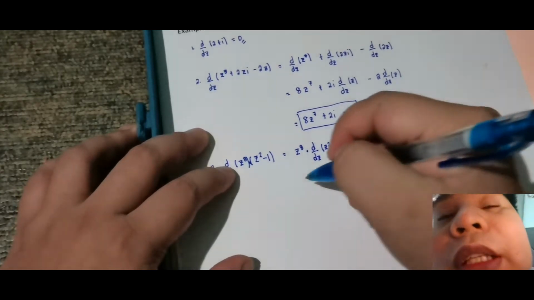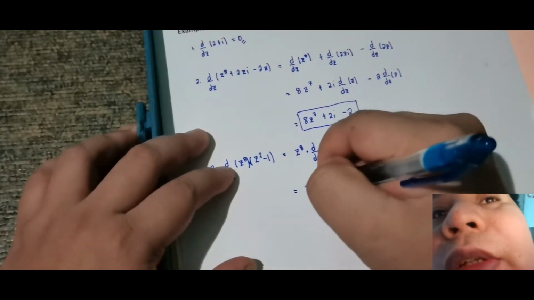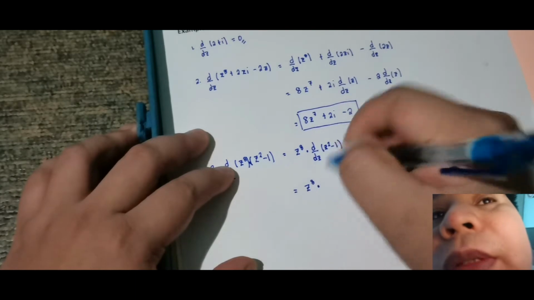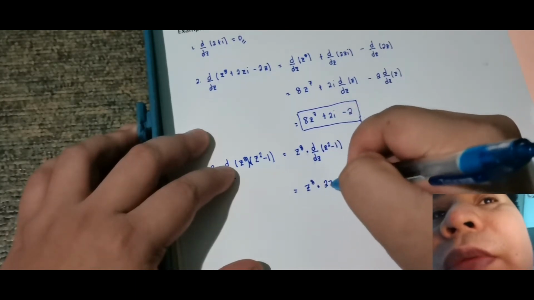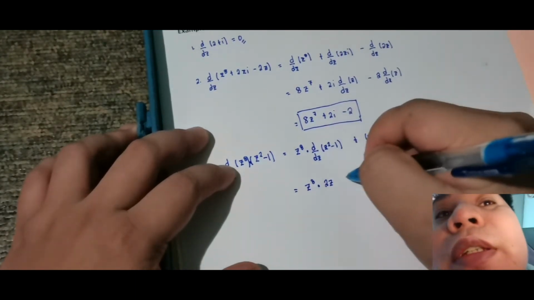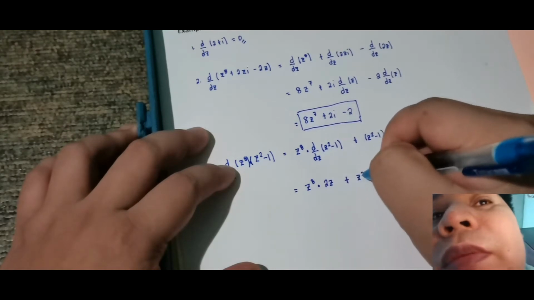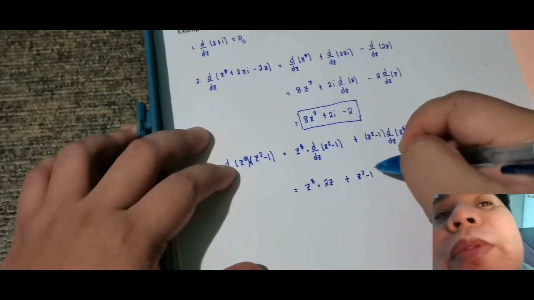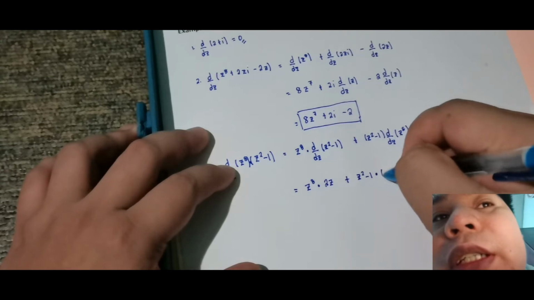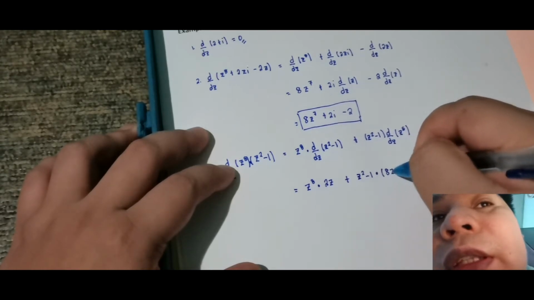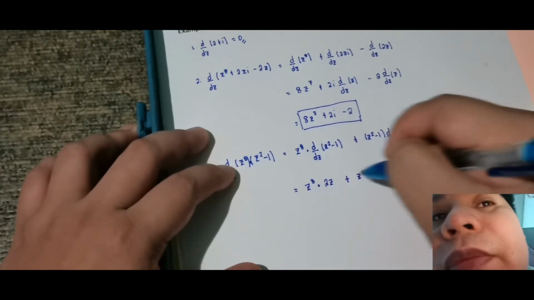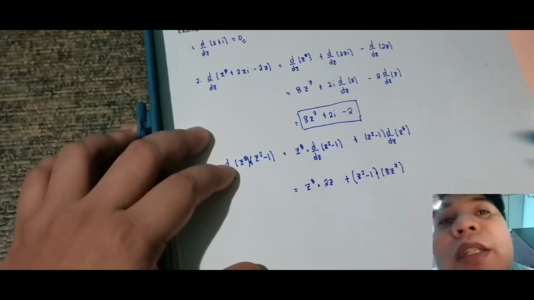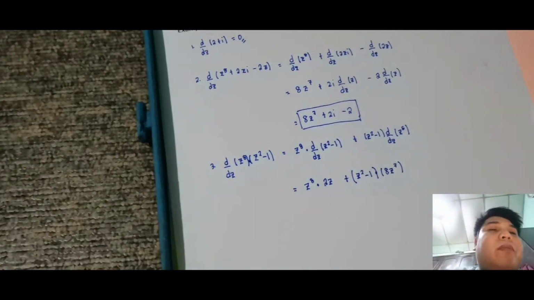Tama? Then we get the derivative. This is equal to z raised to 8 multiplied by 2z. Okay? Then plus this is z squared minus 1. Then the derivative of z raised to 8 is just 8z raised sa 7. Okay, so lagyan ko lang ito ng parang ating bracket or ng parenthesis.